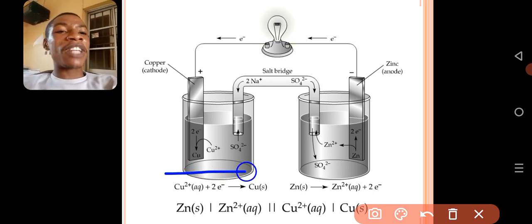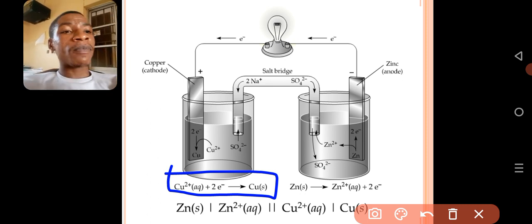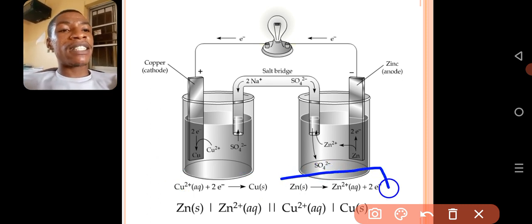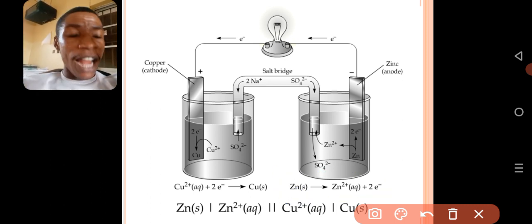Then this is the equation at the copper electrode. That's reduction because it's cathode. This is the equation at the zinc electrode. That's oxidation because it is the anode.